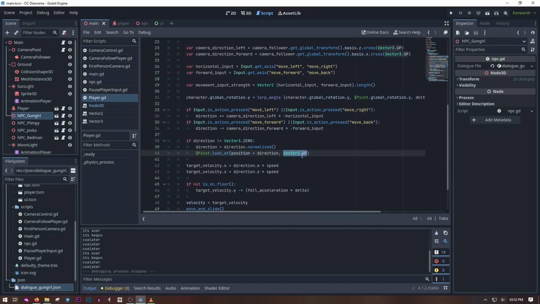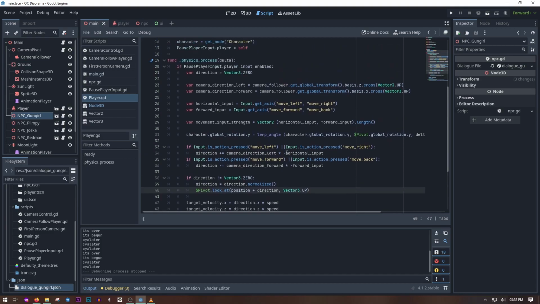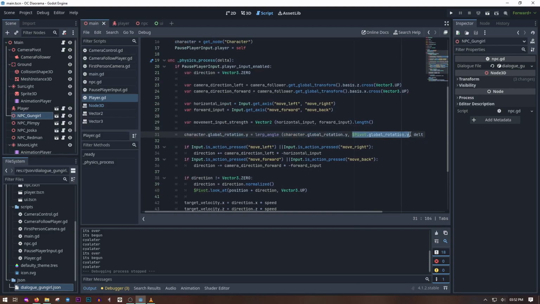So it doesn't look in every angle, it only swivels around like it's got a spike through the head. That's what that means. So the pivot is looking at it, but the model is not looking at it. We want the model to catch up to the pivot. If we didn't have this, it was very shaky, very jerky.